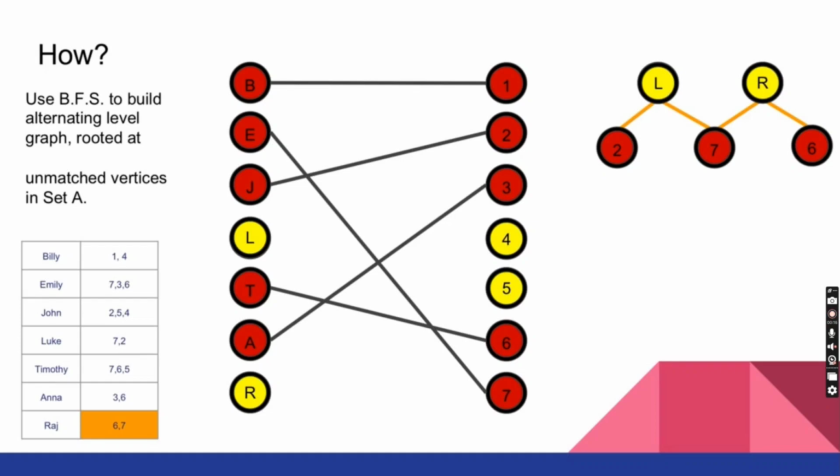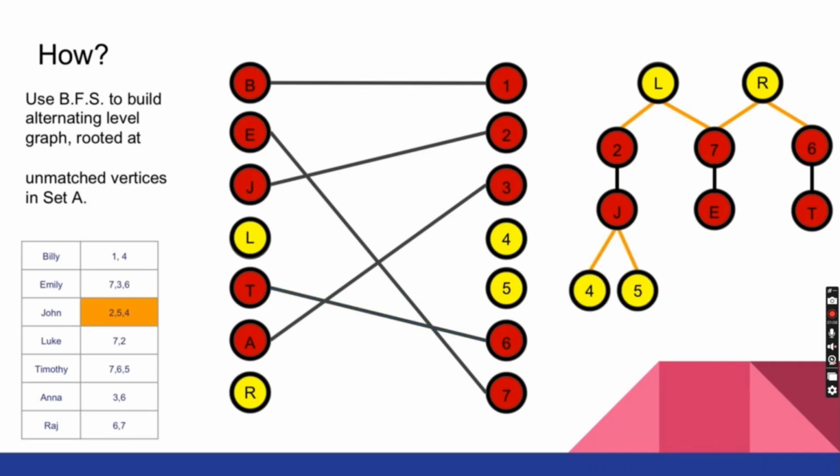If we look at our bipartite graph, we can see there is an edge from 2 to J, 7 to E, and 6 to T. Then we move back over to the left and look for the edges that are not in the current matching that go from J. We do not include 2 because that is in the current matching.